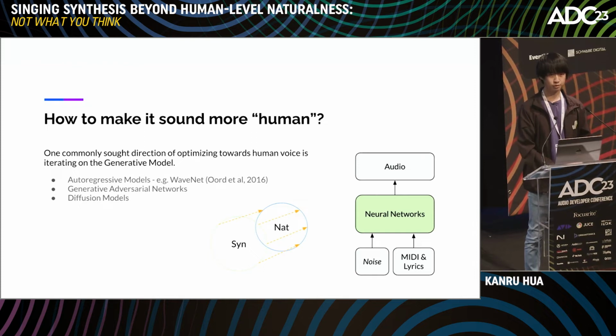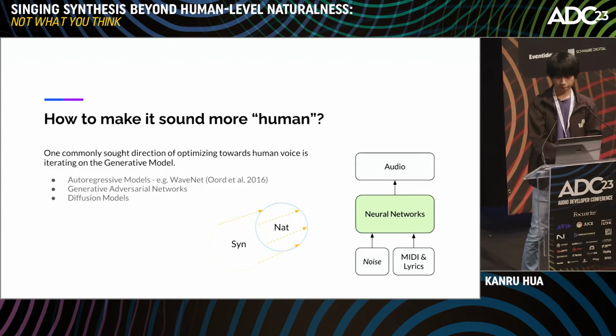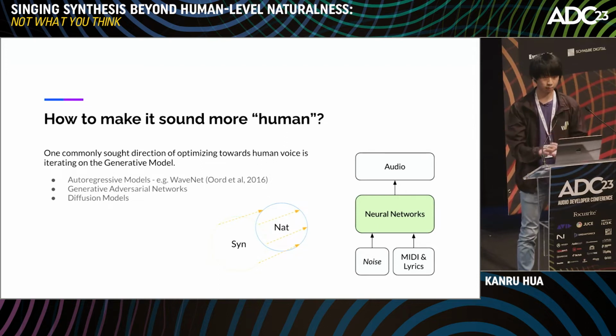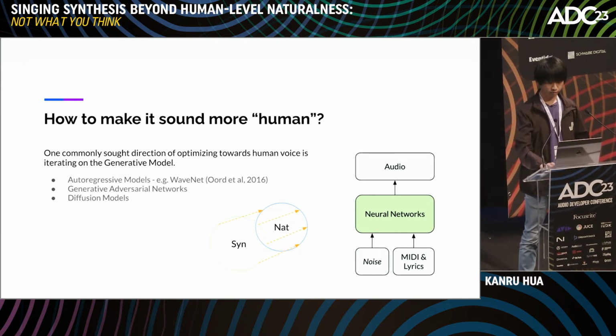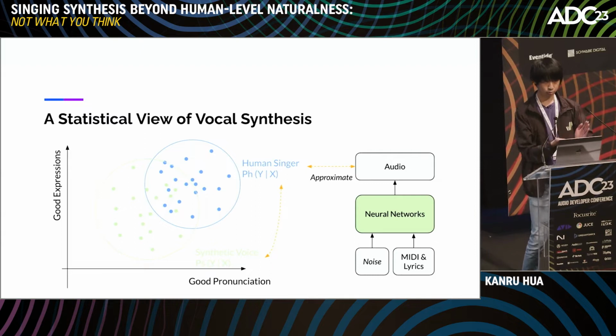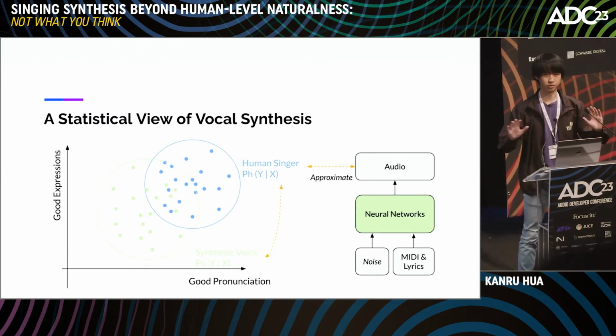At a very, very high level, there are two ways to make it sound more human. One is to just pull these two distributions as close as possible. In this statistical setup, we call this a generative model. There are many ways of doing this. In this example there are only two axes, but in reality there are like a million axes. It's a really, really high dimensional distribution.